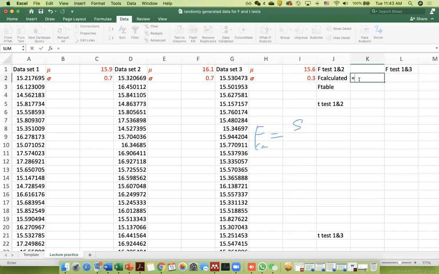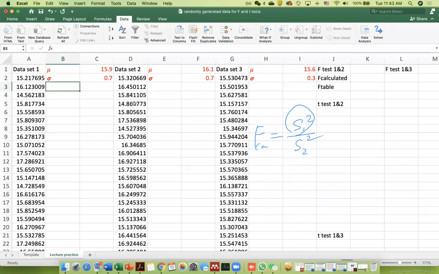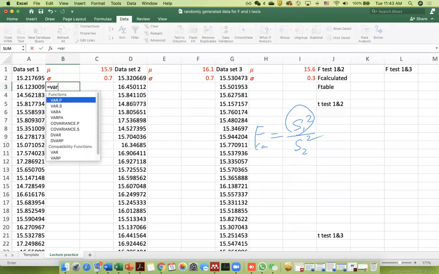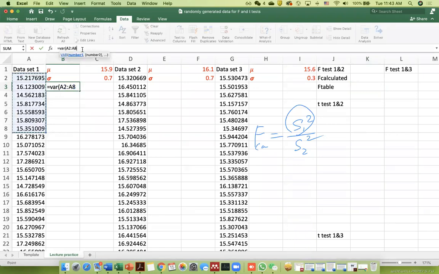It is S squared of 1 over S squared of 2. And we said that we want to keep the larger value on the top and the smaller value on the bottom. So we have to know the variance first. How do we do that? Square the standard deviation, or we can use the variance function directly to calculate the variance.